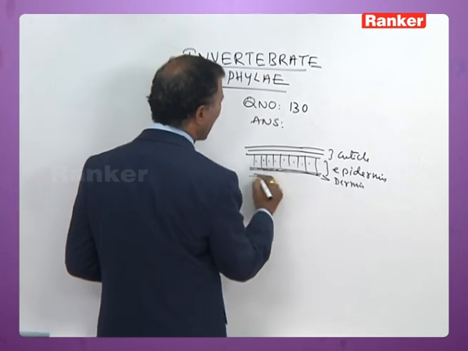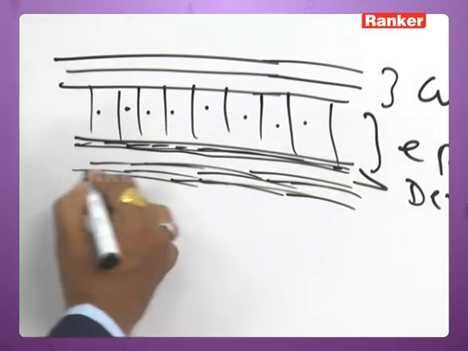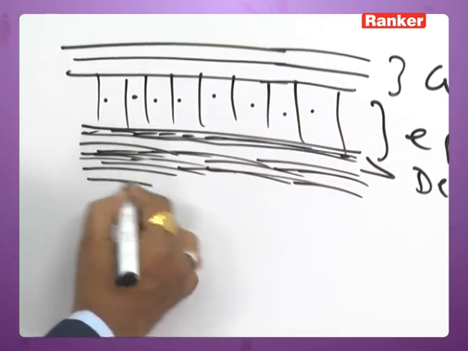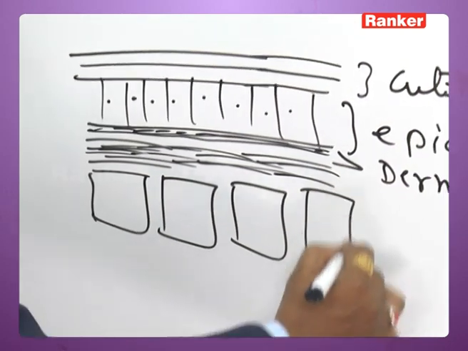In the musculature there are outer circular muscles. All these are circular muscles here now. Then there are inner longitudinal muscles. These are longitudinal muscles here now.